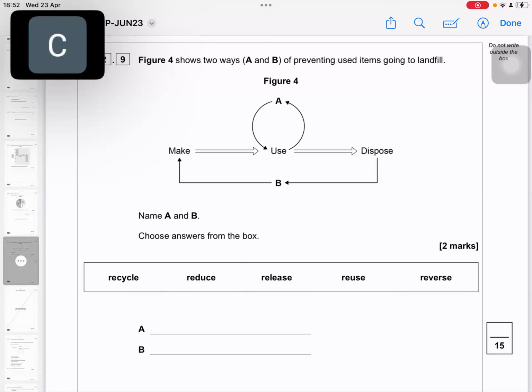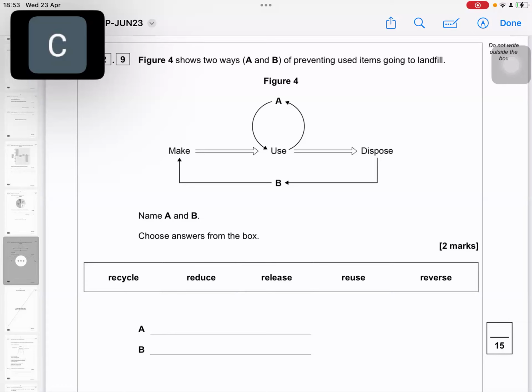I'll use it for storing water. That would be an instance of A, because it was made, you used it, and then you kept on using it, you didn't throw it away.